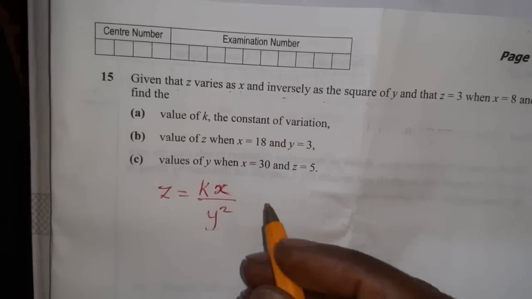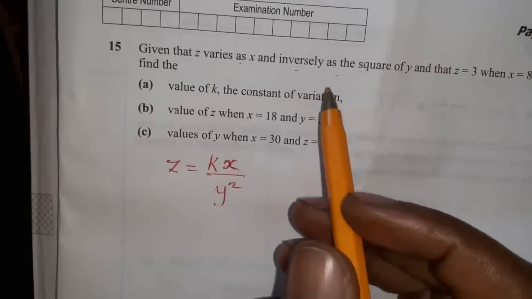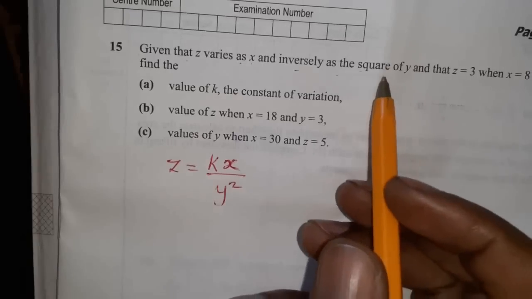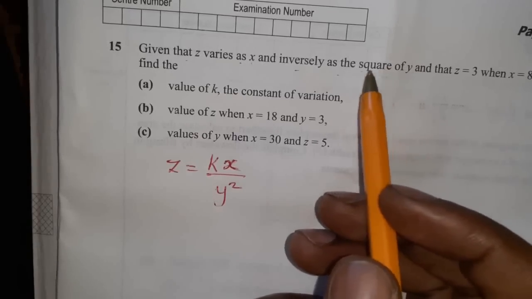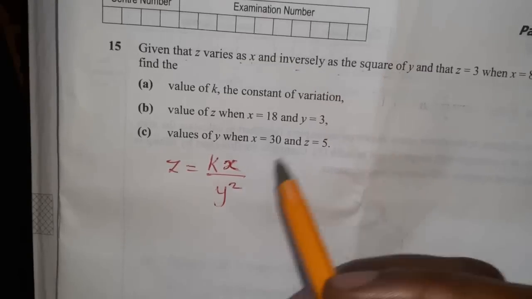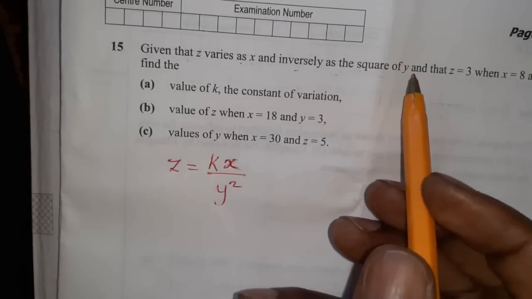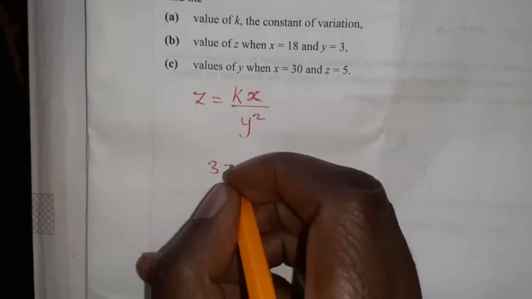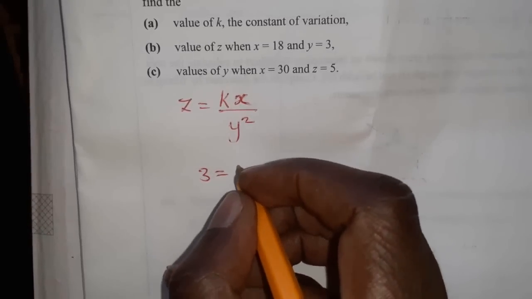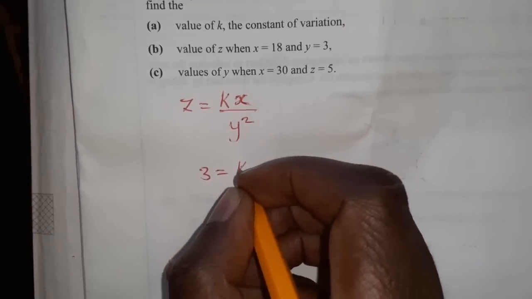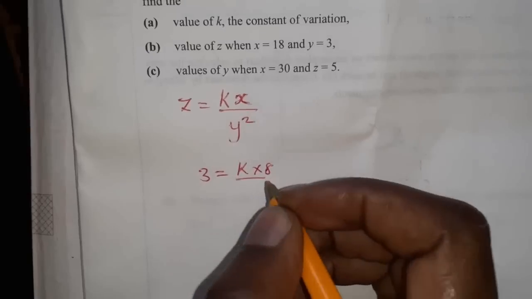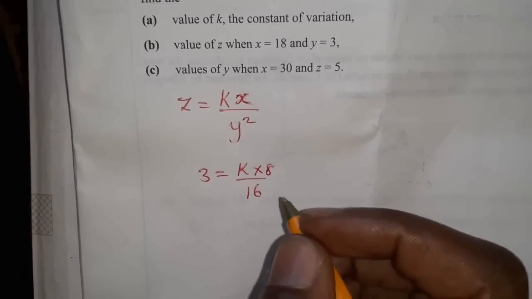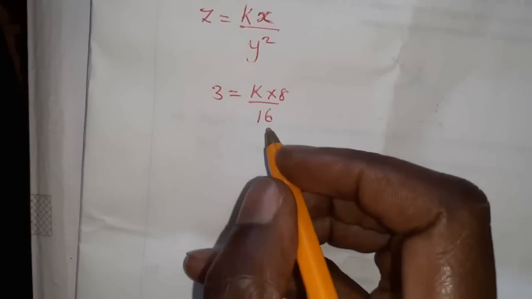You can argue your case. I don't know how they would treat it when marking. As the square of Y, and Z is equal to 3 when x is equal to 8 and y is equal to 4, so this is 16 when you square 4.